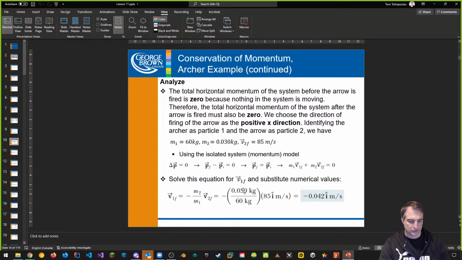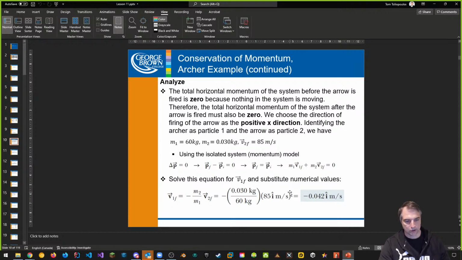So the ratio of the mass of the arrow over the mass of the archer times the final velocity 2 gives the archer's velocity. Remember, velocity 1 final is the archer's recoil, right? That's what that stands for. Because anything to do with 1 relates to the archer, anything to do with 2 relates to the arrow.